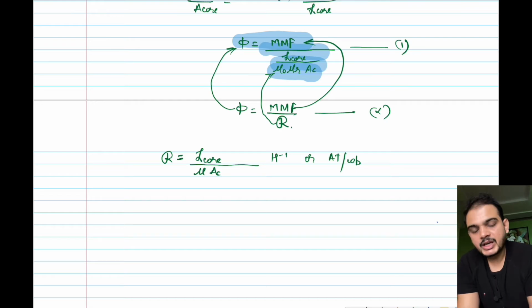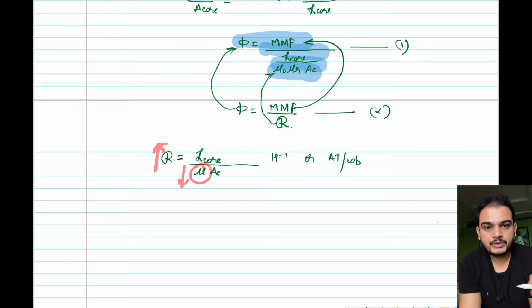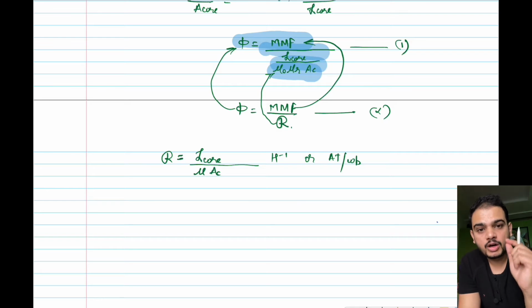So in order to get the core material having less reluctance, its permeability should be highest. If permeability is high, then its reluctance will be low. If permeability is low, then its reluctance will be high. Reluctance is opposition to the flow of flux, so we will always choose a magnetic material whose reluctance is less, and for that we choose a material whose permeability is higher. If permeability is high, then what will its reluctance be? It will be low.